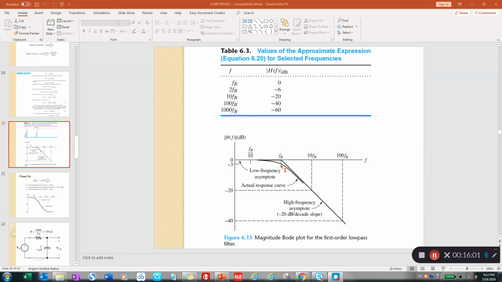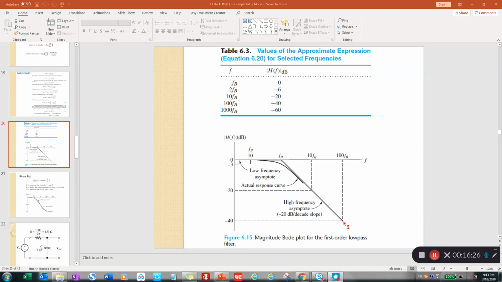If you continue to increase the frequency, if the frequency is much higher than the break frequency, you can see the amplitude will continue to be reduced. That means for the lower frequency, the signal can pass through, but for the higher frequency, the signal will be filtered out.